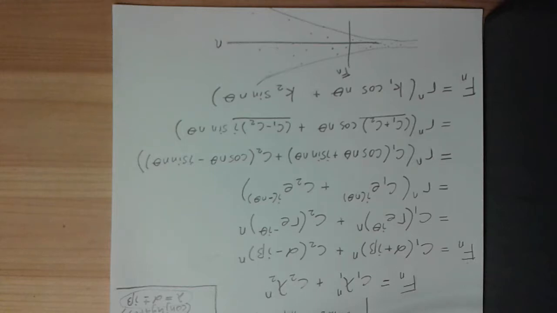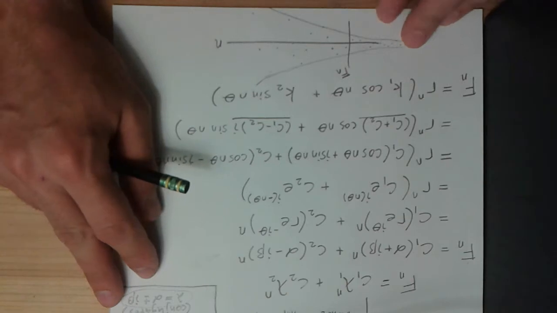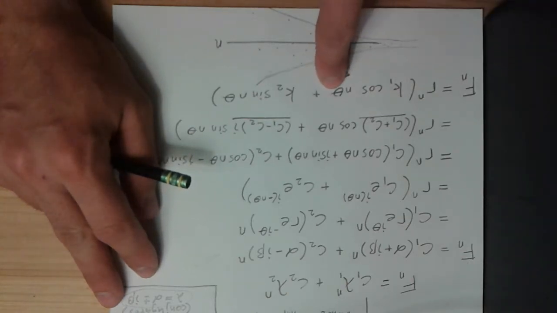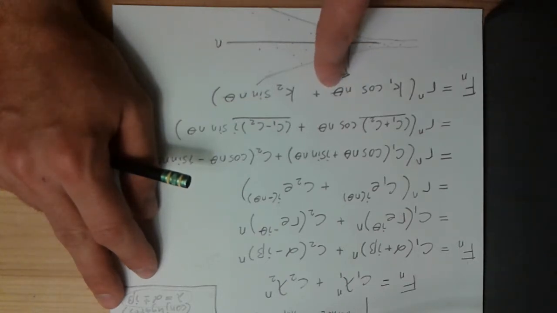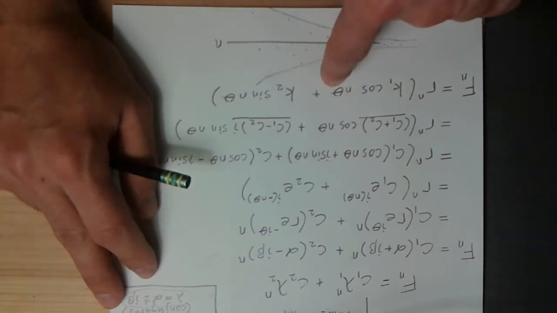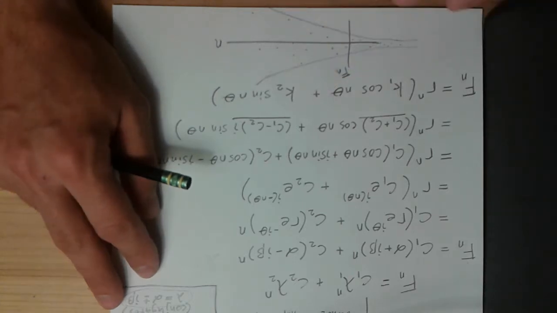Anyway, so what you can see is that the radius is controlling the growth of the amplitude of this discrete kind of wave thing. And the angle, remember, n is the independent variable here. Theta is a constant. So theta is telling you the frequency.